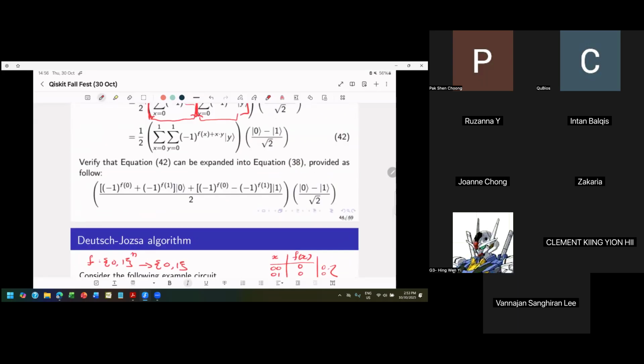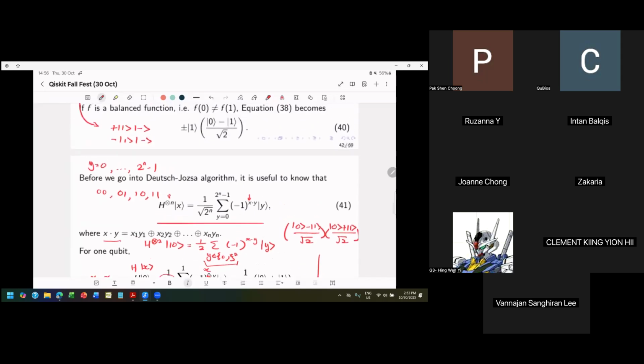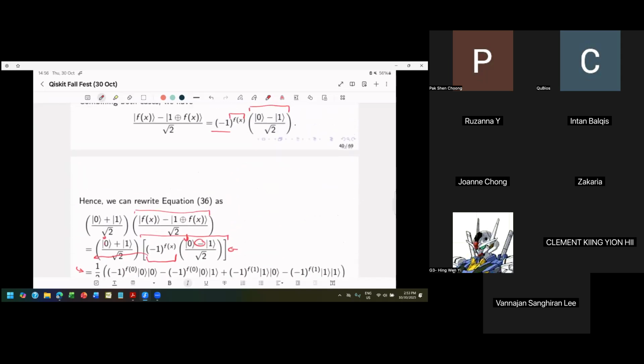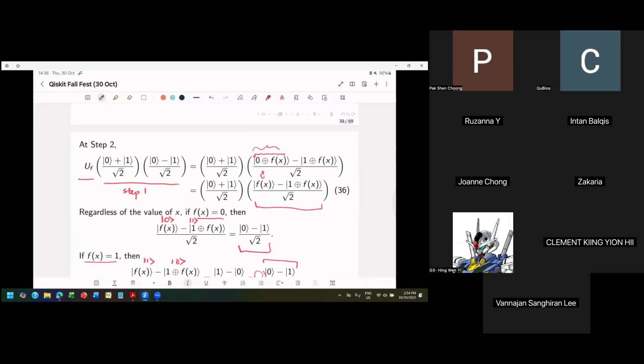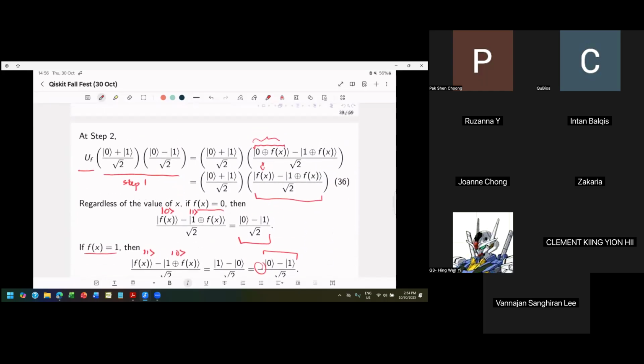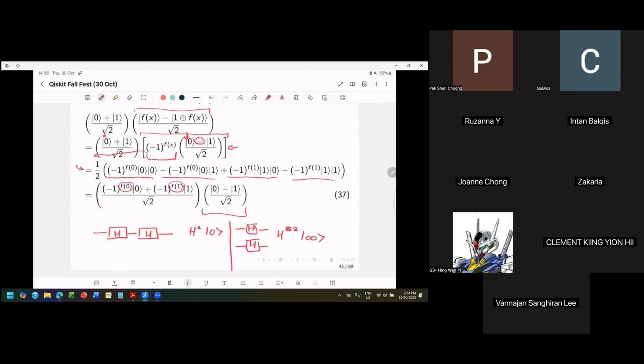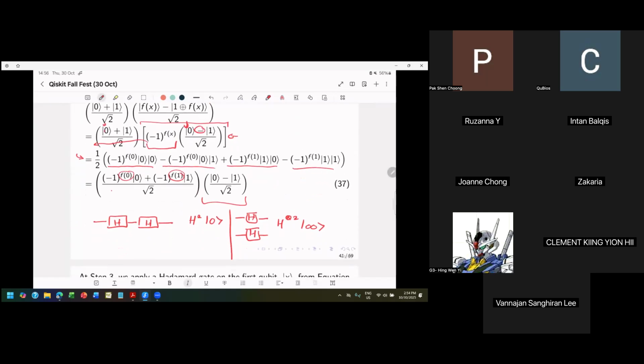If you look at the Deutsch algorithm, step 2, you introduce the oracle into this input state and this ancillary state. You find that the result is that you only introduce the -1 phase to the first qubit, while your second qubit has nothing changed.